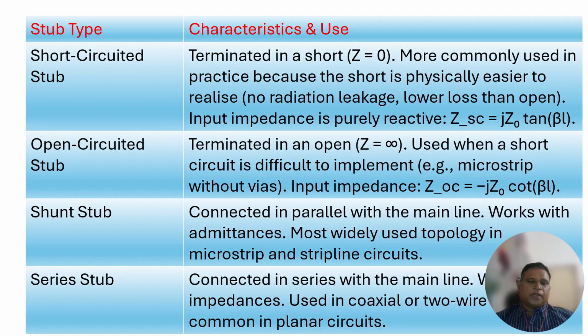The shunt stub, connected in parallel with the main line, works with admittance and is the most widely used topology in microstrip and strip line circuits. Similarly, the series stub is connected in series with the main line, works with impedance, and is used in coaxial cables and two-wire systems, and is common in planar circuits.